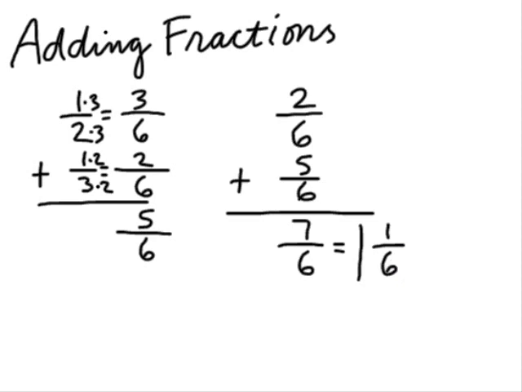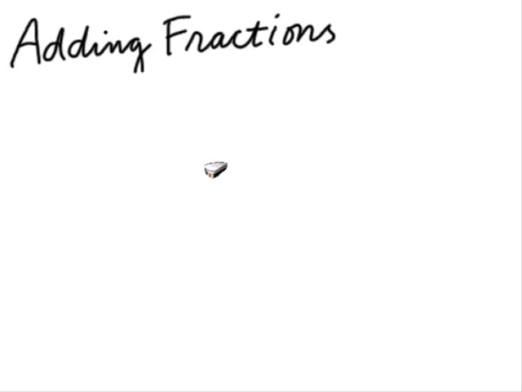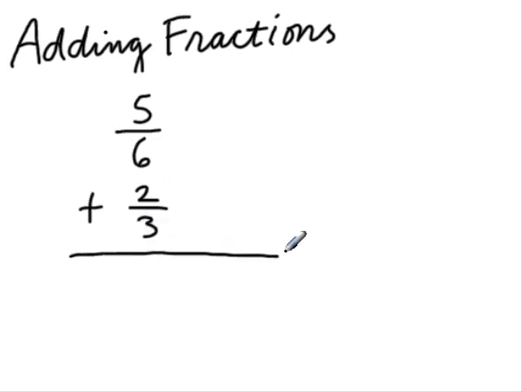Let's take one more example. 5/6 plus 2/3. And in this case, we have sixths here and thirds here, and we need to make them so that they are both the same size.